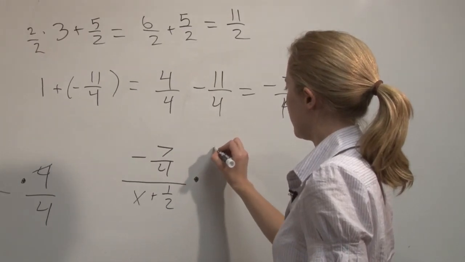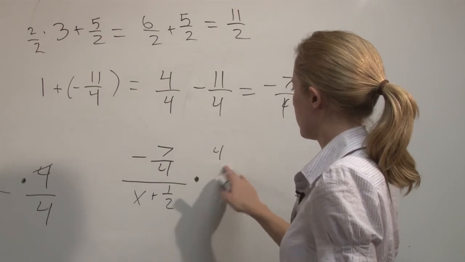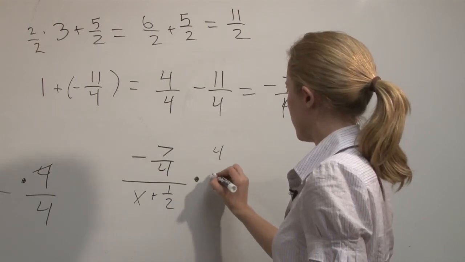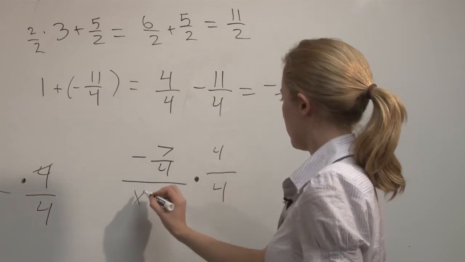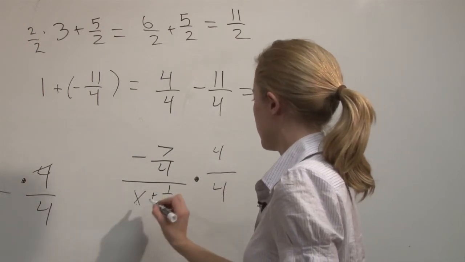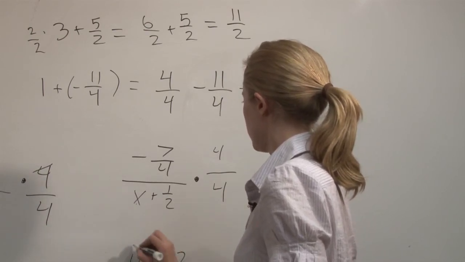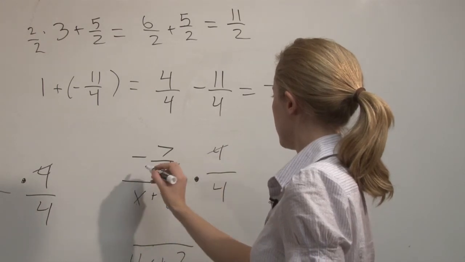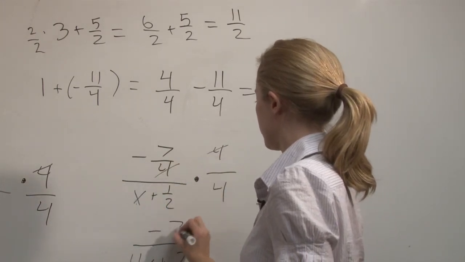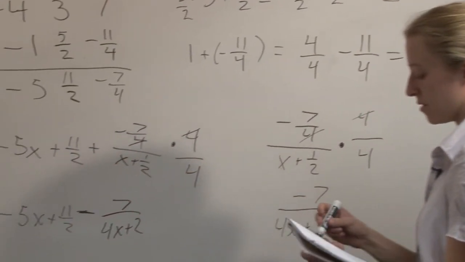So I'm multiplying this fraction on top by 4, fraction on bottom by 4. And so 4 times x is 4x, 4 times 1/2 is 2. And 4 over here is going to cancel and leave negative 7. So that's where that remainder came from.